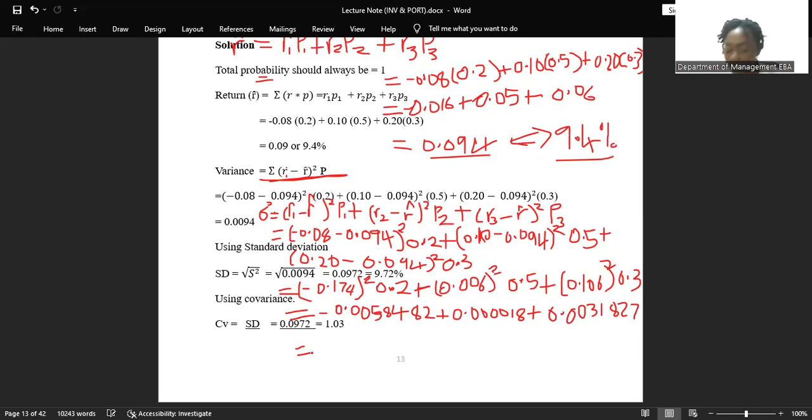Okay, so let's add them. That would be what? Negative 0.0058482 plus 0.0000018 plus 0.0031827. What are the numbers we are trying to write out to the final answer? We are getting 0.02594.